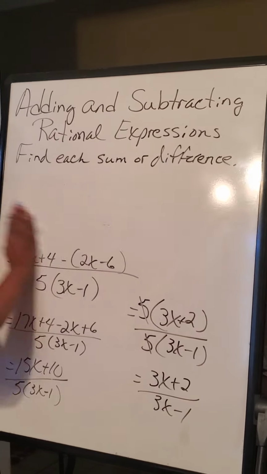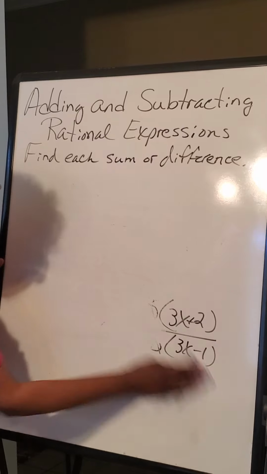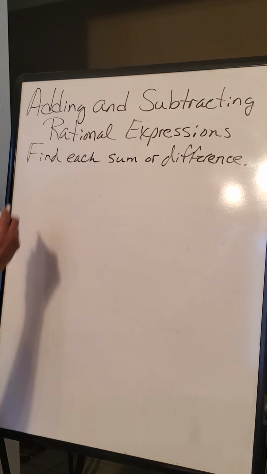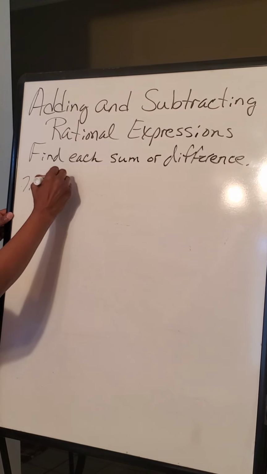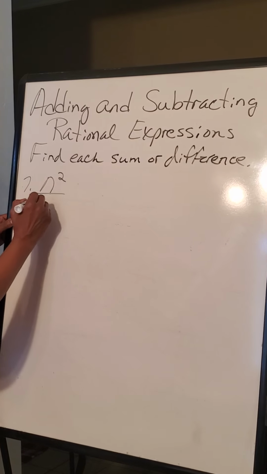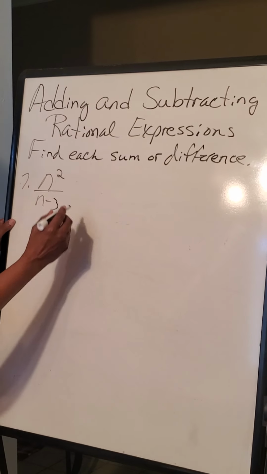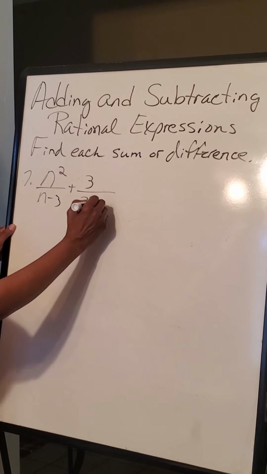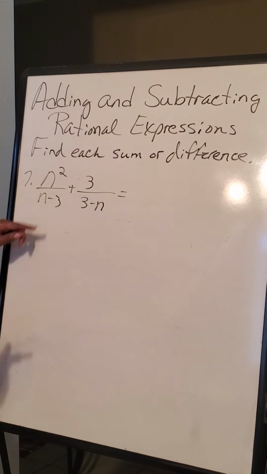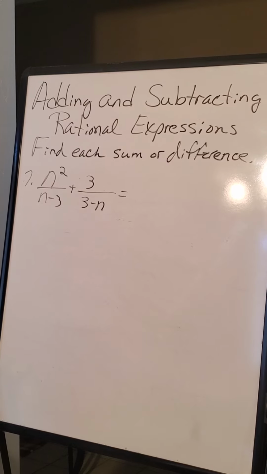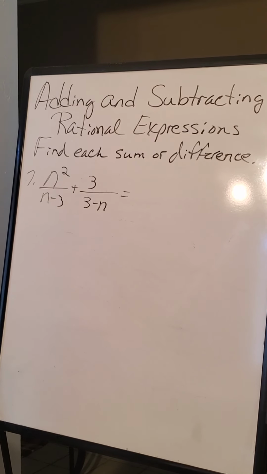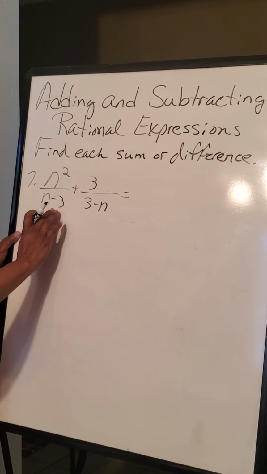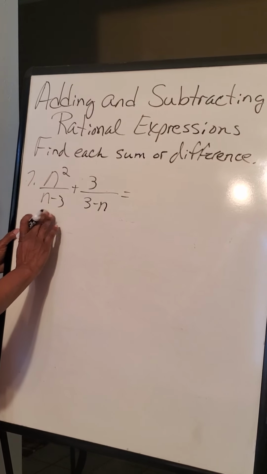Example 7. If I had n squared over n minus 3 plus 3 over 3 minus n. If you recall, n minus 3 and 3 minus n are opposites. So I'm going to take the n minus 3 to be my LCD.